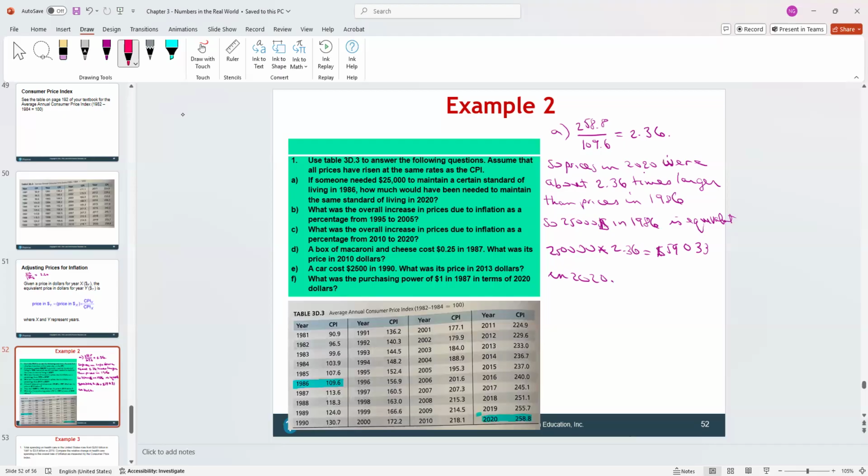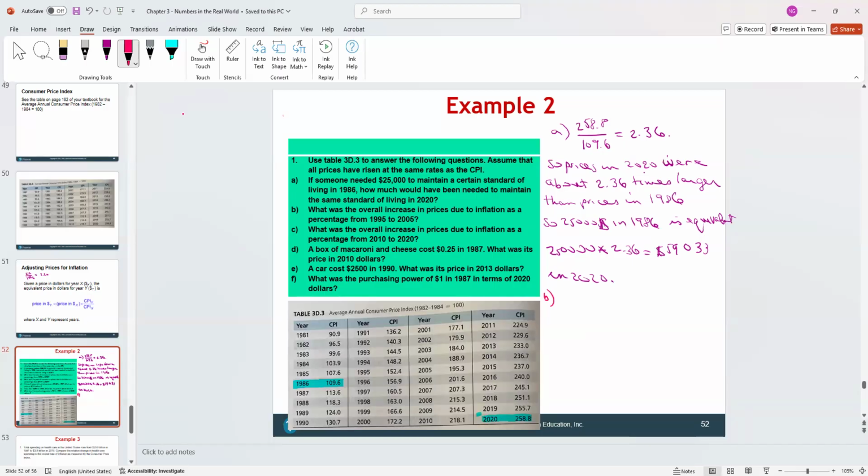So 1995 to 2005, that's the one we're gonna do. So what they tell us is, what was the overall increase in prices due to inflation as a percentage from 1995 to 2005? So the first thing to do, inflation is the relative change.